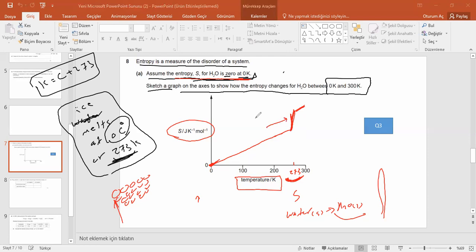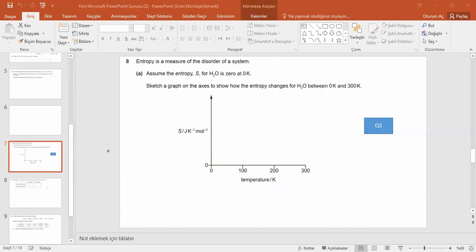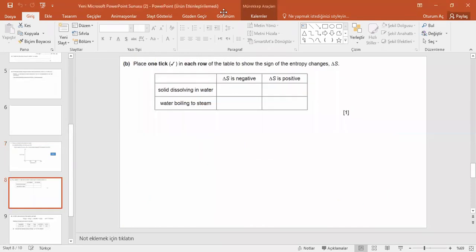So this is the point at which solid water becomes liquid water, and this is the most important thing here. We see a normal increase of entropy with temperature, and at this point the entropy increases tremendously. So the question now is over. Let's move to the next question.